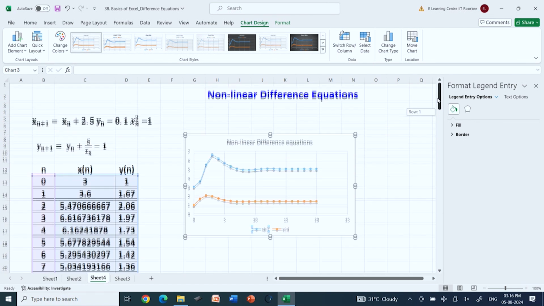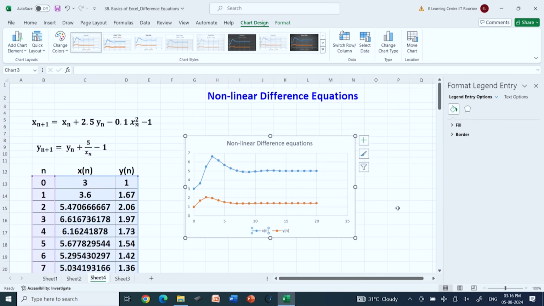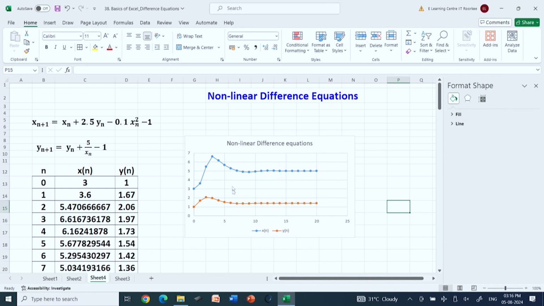And so, you just solved a nonlinear difference equation and get these two curves. Later on, you will be solving the model which will represent this nonlinear difference equation, and from there you will get this curve which you have to interpret.